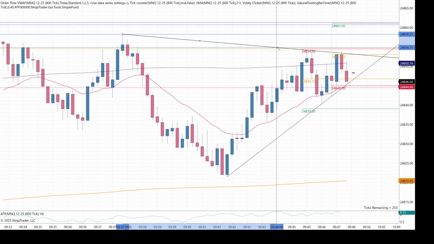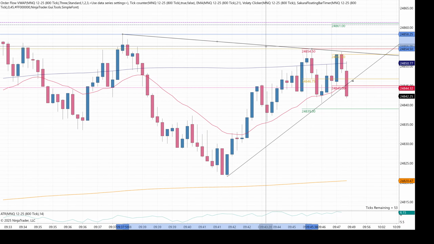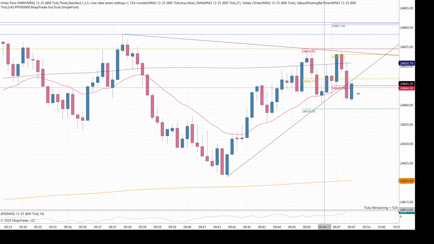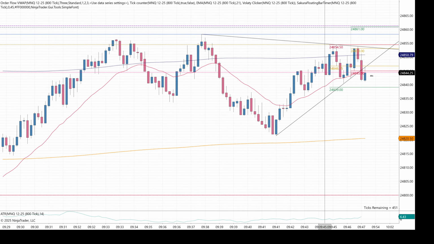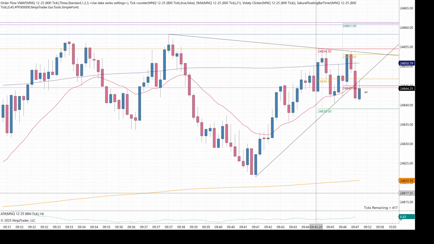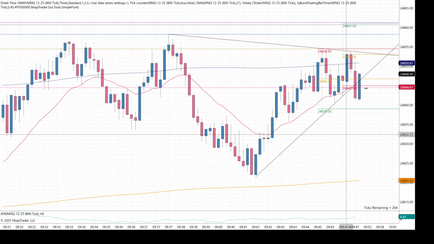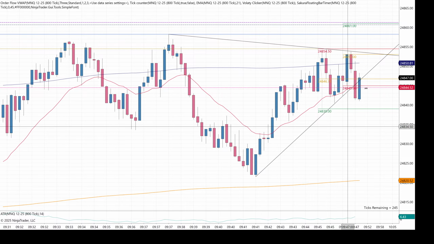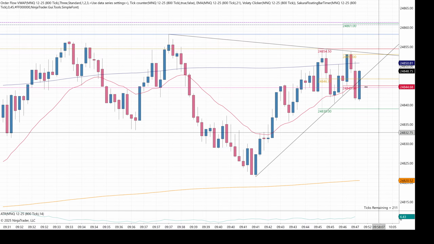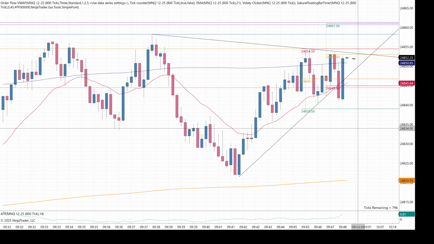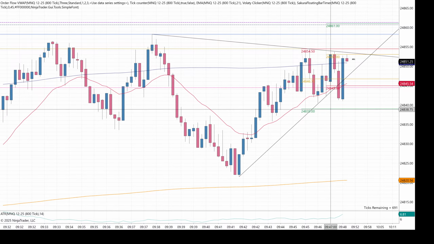Also have a lower high here. Gotta mark that. You can see there's a lot of chop on both sides, so just kind of sitting on our hands here.